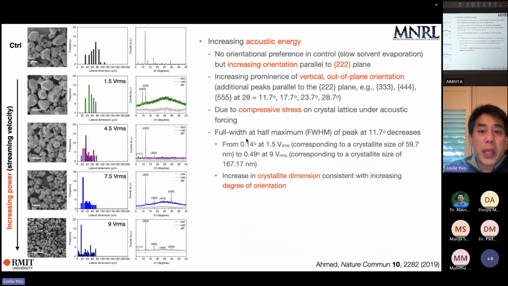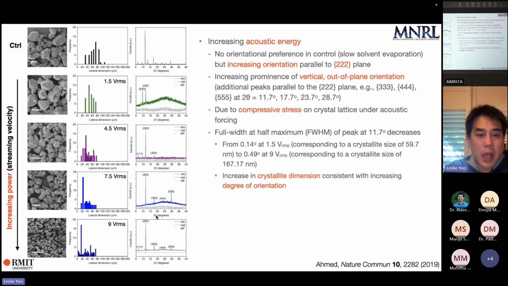Right. But what's more interesting is that if you look at the XRD patterns, as we go up in power, you see increasing orientation, right? So there's very little orientational preference in the control.